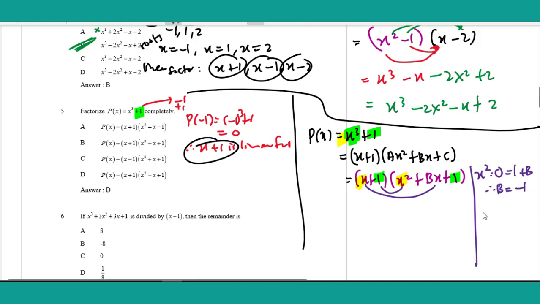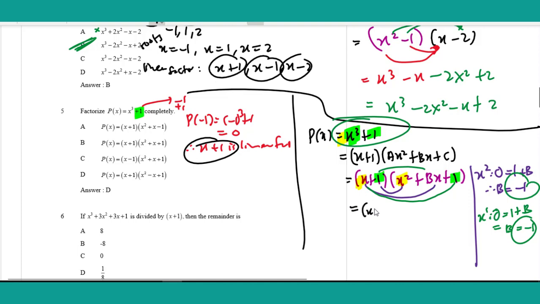Double check: for x to the power 1, here also 0, and x times 1 is 1, and bx times 1 is also b. Therefore, b is negative 1. So the answer is b equals negative 1. Confirm with x plus 1 times x squared minus x plus 1. That is D.